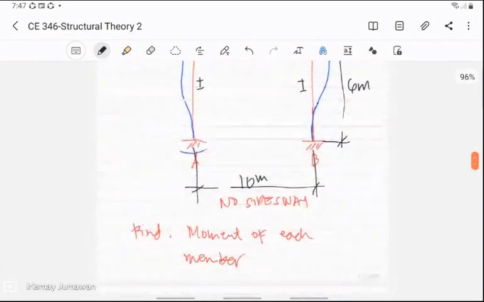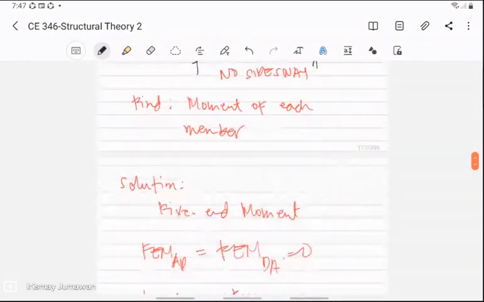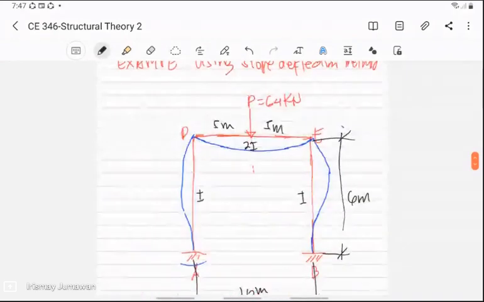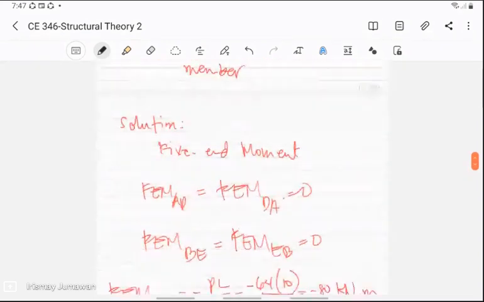Okay, so we need to get the moment of each member. Since our load for DE is a concentrated load of 64, we don't have a fixed end moment for member AD and member BE, so that is equal to 0.